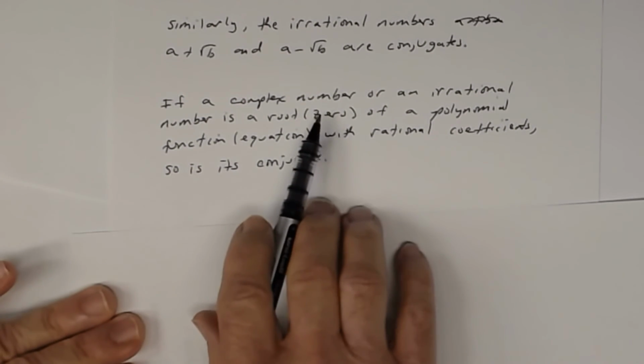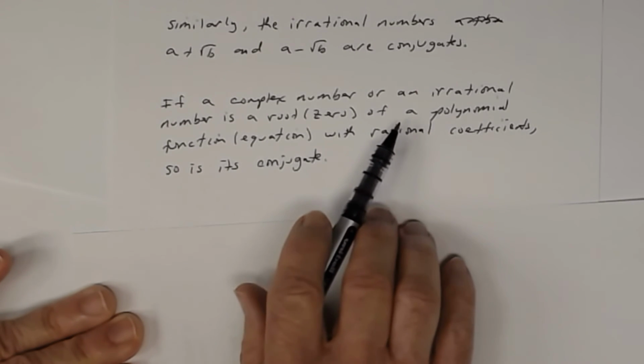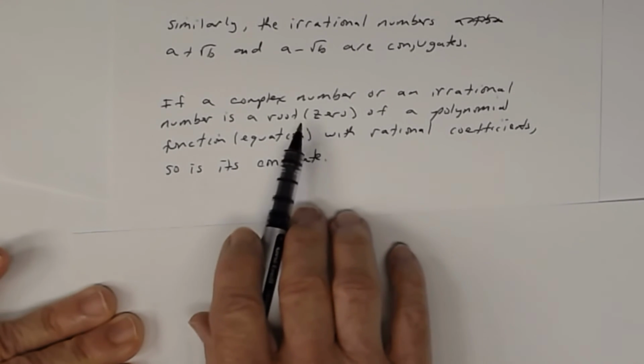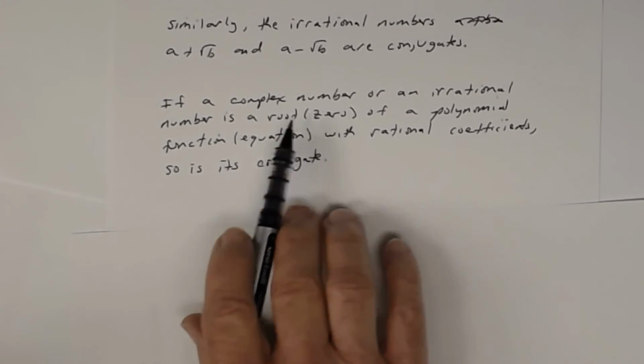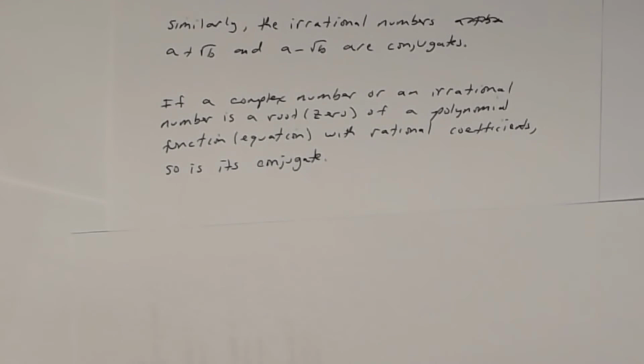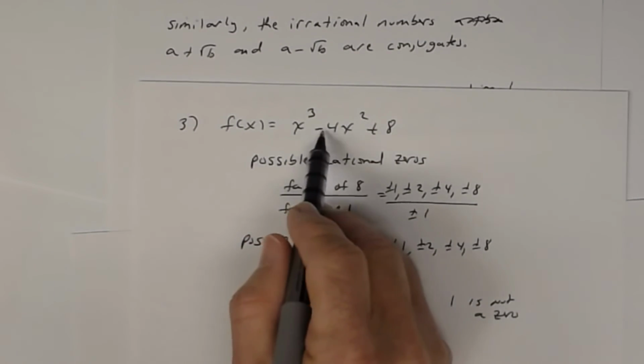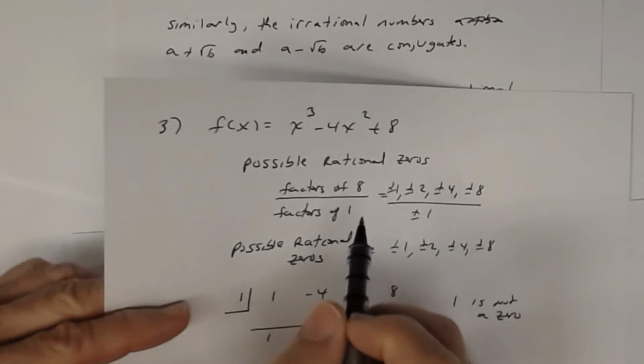If a complex number or an irrational number is a zero, and remember, we call it a zero or a root, of a polynomial function or equation with rational coefficients, notice that these coefficients, 1, -4, and 8, are rational numbers.